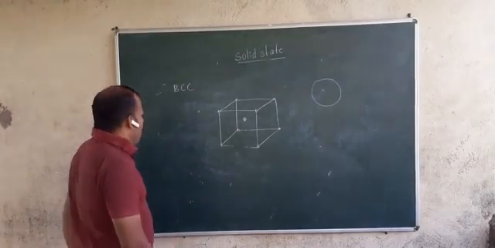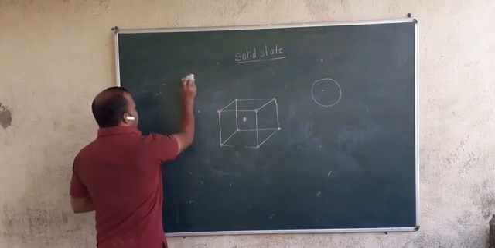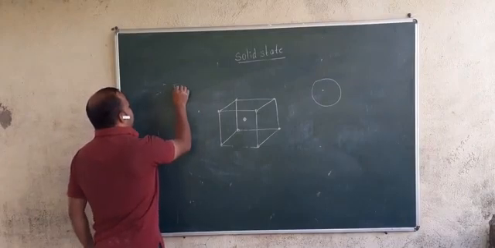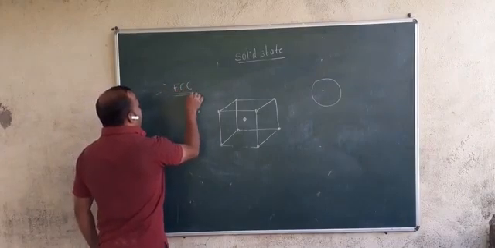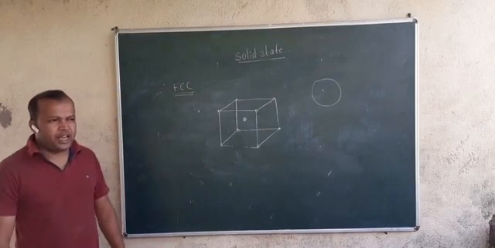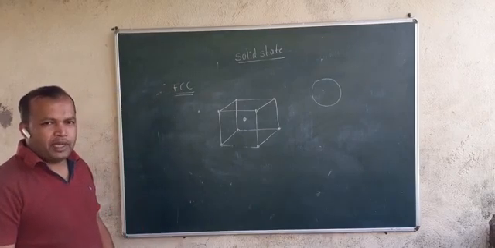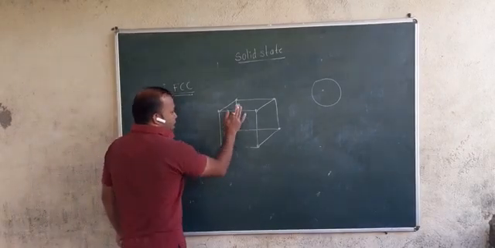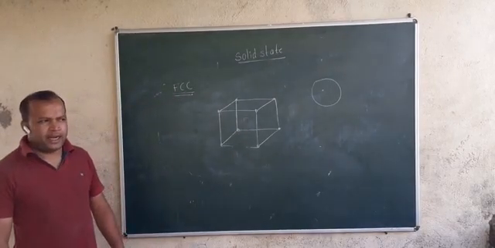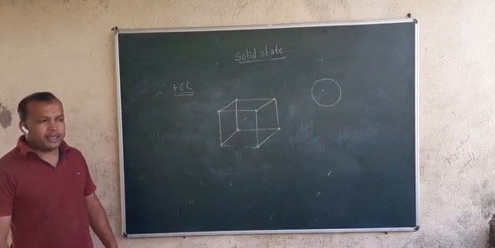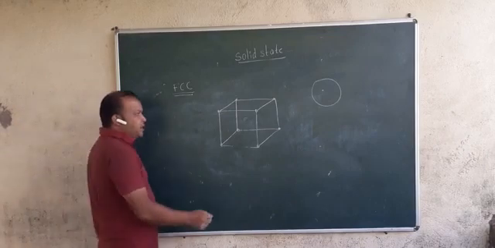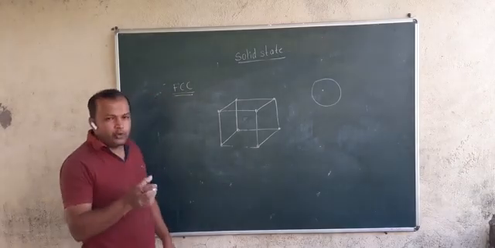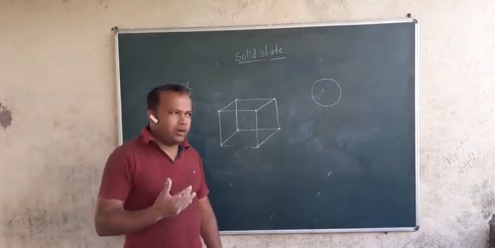Now the last one is FCC, face center cubic crystal. In face center cubic crystal, 8 constituent particles are at 8 corners and 6 in the 6 faces. Do you know how many faces a cube has? This I have already explained.